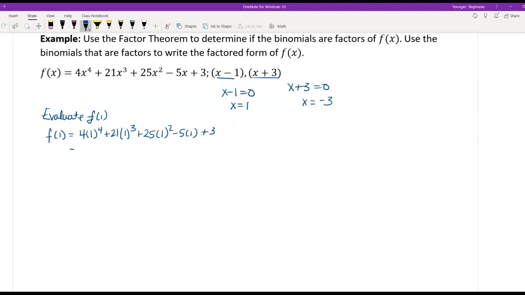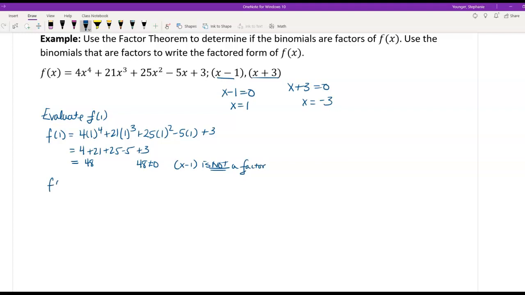All right, so that says 4 plus 21 plus 25 minus 5 plus 3 equals 48. Because 48 does not equal 0, x minus 1 is not a factor.